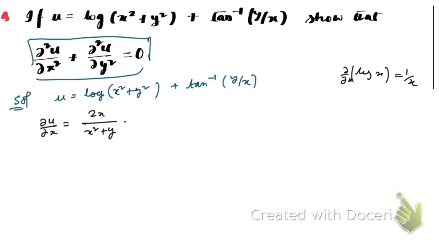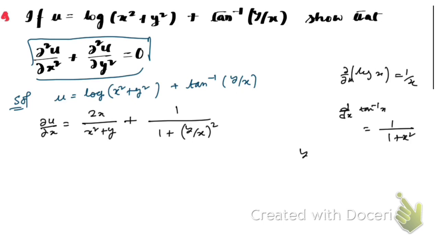right? Then plus, and here you see d by dx of tan inverse x is nothing but 1 by 1 plus x square, right? d by dx of tan inverse x is 1 by 1 plus x square. If we use that formula, then it should be 1 by 1 plus y by x whole square. As it is function of function, again you need to differentiate it.